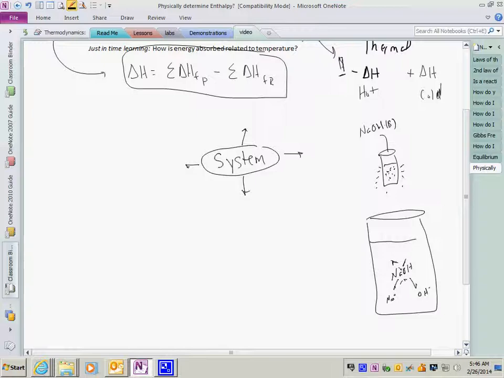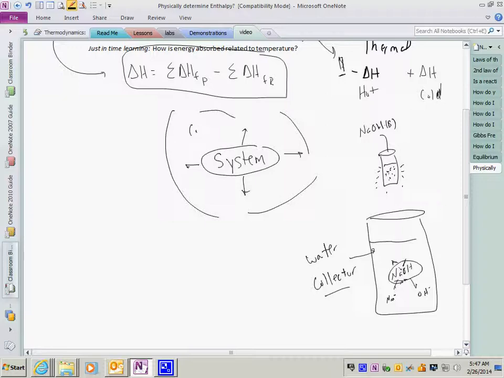So the water is, in this case, our collector. It's collecting all of our energy. Whenever we have a system that's losing energy, whether it's simply a small molecule of NaOH, we need some way to collect this energy.